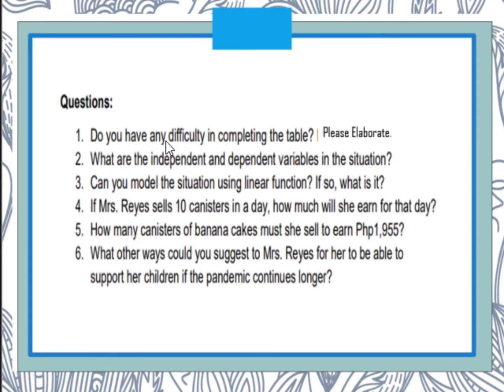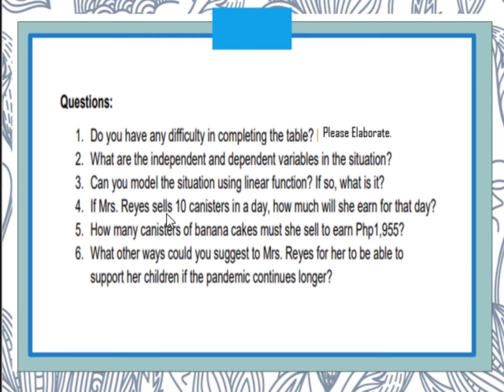Do you have any difficulty in completing the table? Please elaborate your answer. What are the independent and the dependent variables in the situation? Can you model the situation using linear function? If so, what is it?